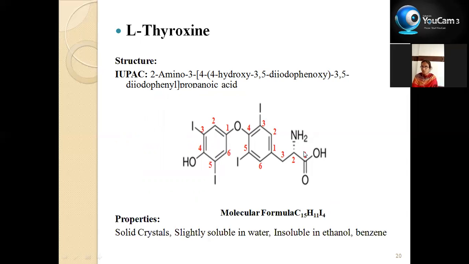If you see here, this is propane 1, 2, 3. So this is the propionic acid. In the second position, an amino group is there, and in the third position, a phenyl group is there. For this phenyl, in the third and fifth positions iodine is there, and in the fourth position oxygen is there, and here another phenyl group.